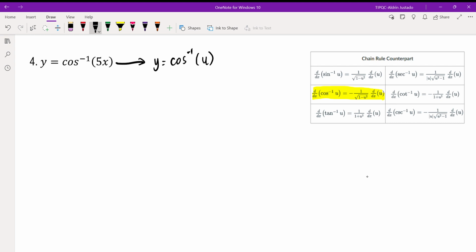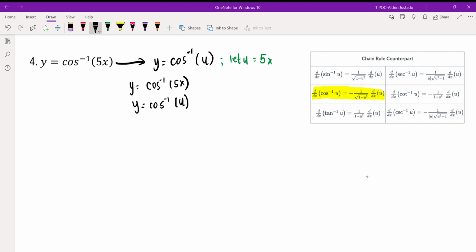So let's try to solve. Let u, we can let u is equal to 5x. Okay. Y is equal to arc cosine of 5x. Y is equal to arc cosine of u. Okay.